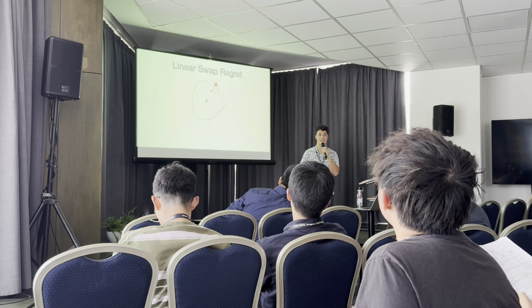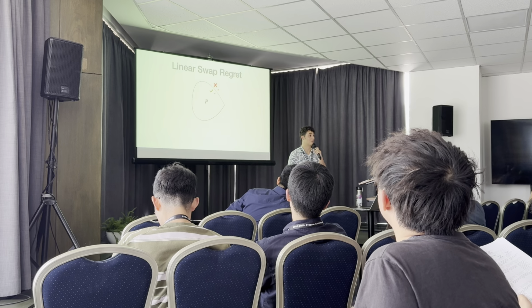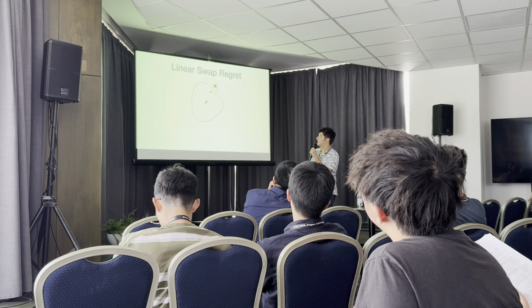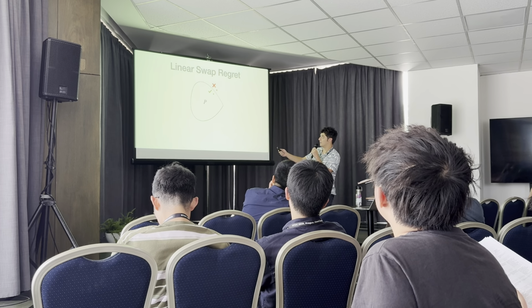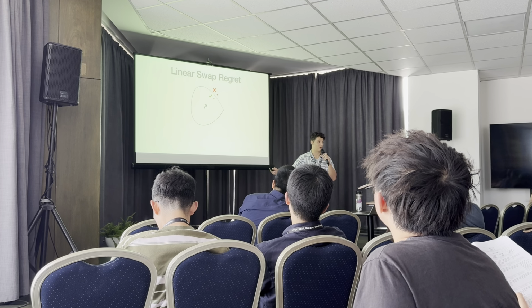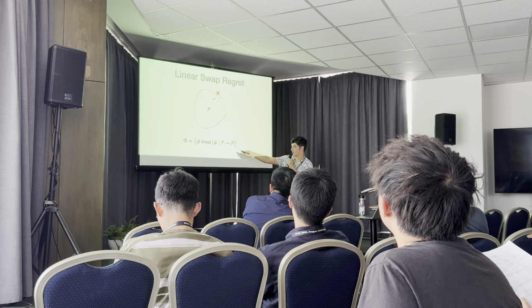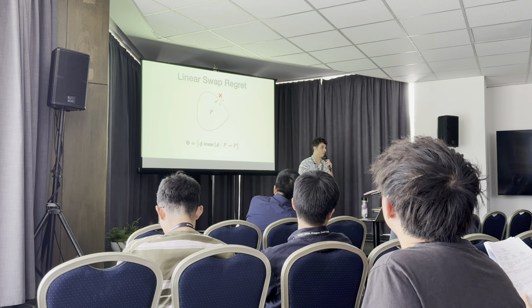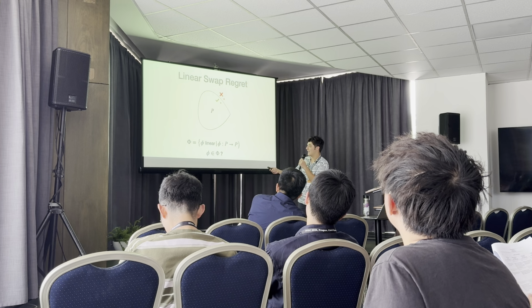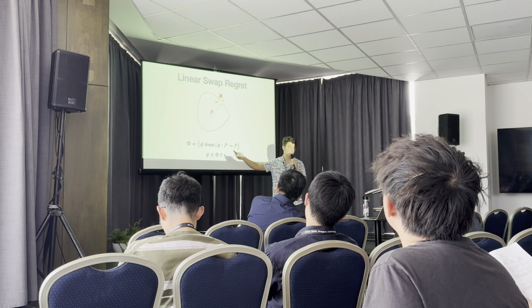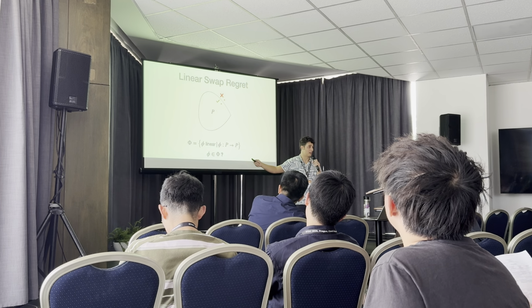So we can efficiently check if an action is in P or not in P. That's all we have access to. And so the thing is, we want to compute or minimize our linear swap regret, which is in terms of this set of linear transformations.